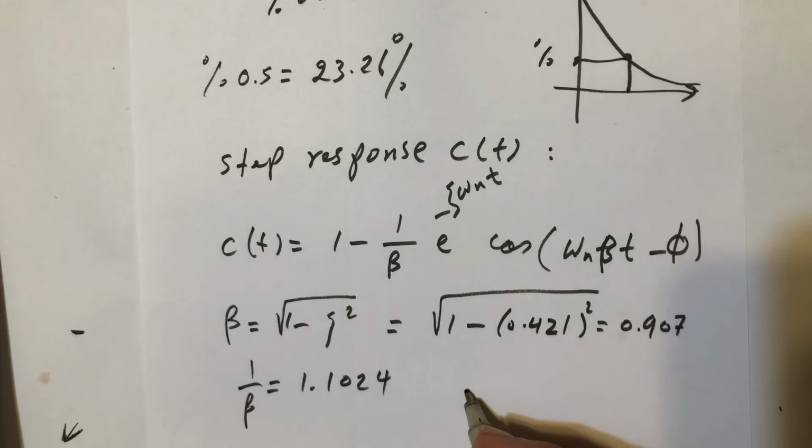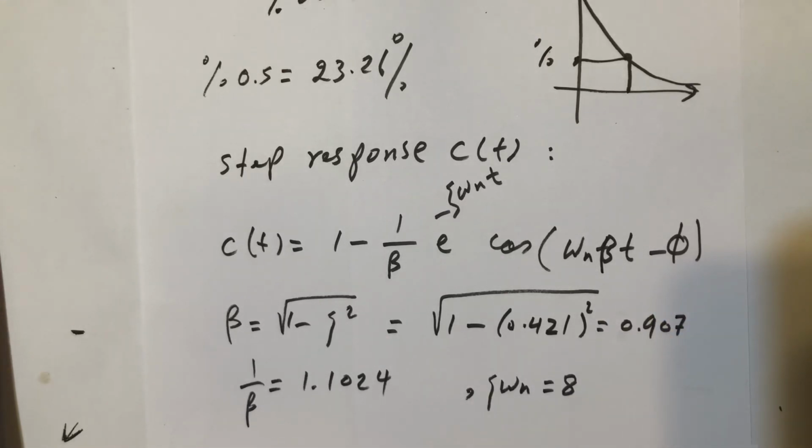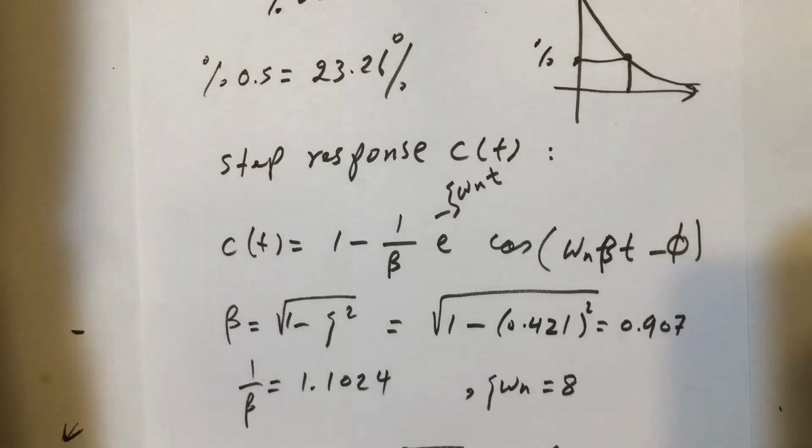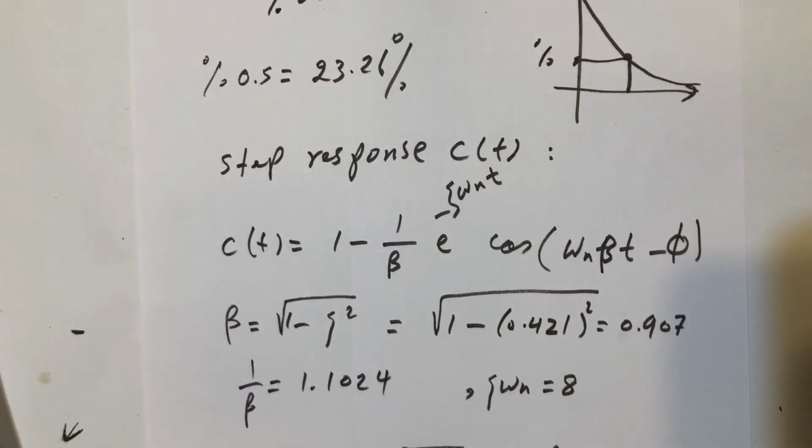I have zeta omega n equal to 8, and omega n times beta is omega n times the square root of 1 minus zeta squared, which is omega d, which we found equal to 17.234. So I have found all the data.